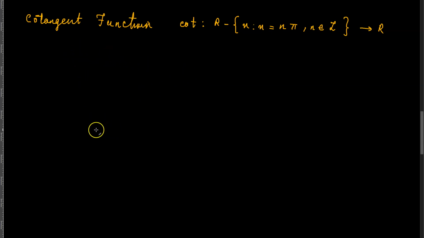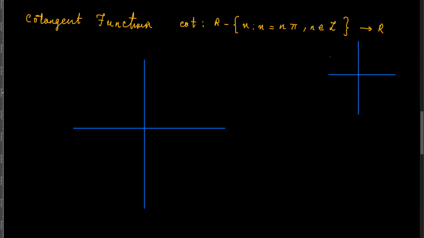The cot function is a function that, of course, you know is not defined at multiples of pi, meaning that if I draw a unit circle over here, and if I draw a circle here, and let me see.